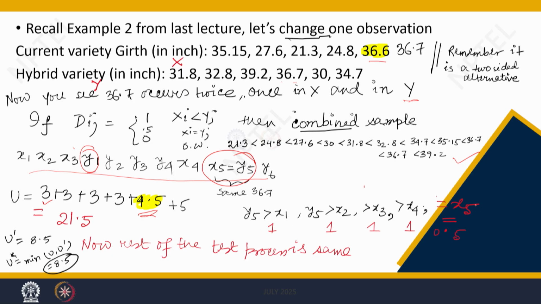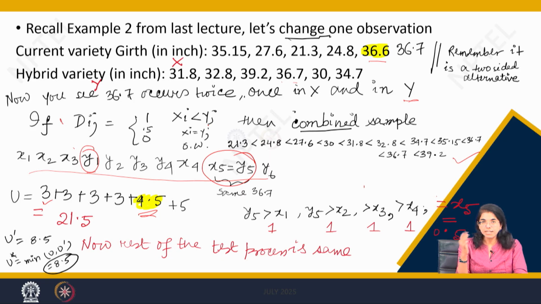The entire calculation I have already shown by the side, right. Similarly, calculate the score for Y6, it turns out to be 5 and the total score for U is 21.5. On the other hand, you can calculate U prime. Now, what will be U prime? Just redefine Dij. We have taken Dij as Xi less than Yj.